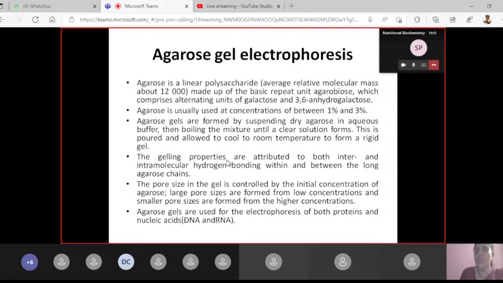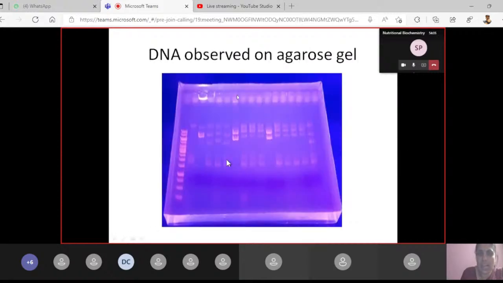Now, how are the molecules getting separated based on size? When you load your sample on the gel, you can observe here, you will have wells, you load your sample and you run electrophoresis. I'll show you the video now. Nucleic acids are negatively charged, so they will start moving, and when they move, it's based on their molecular weight.